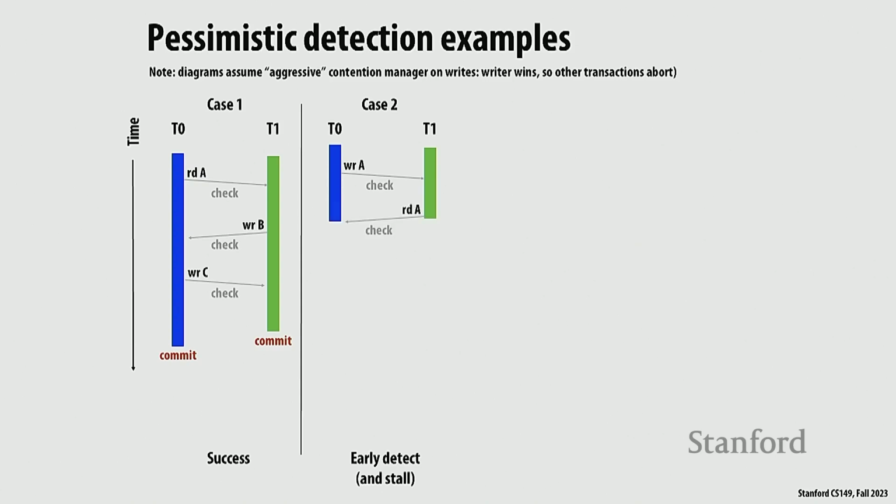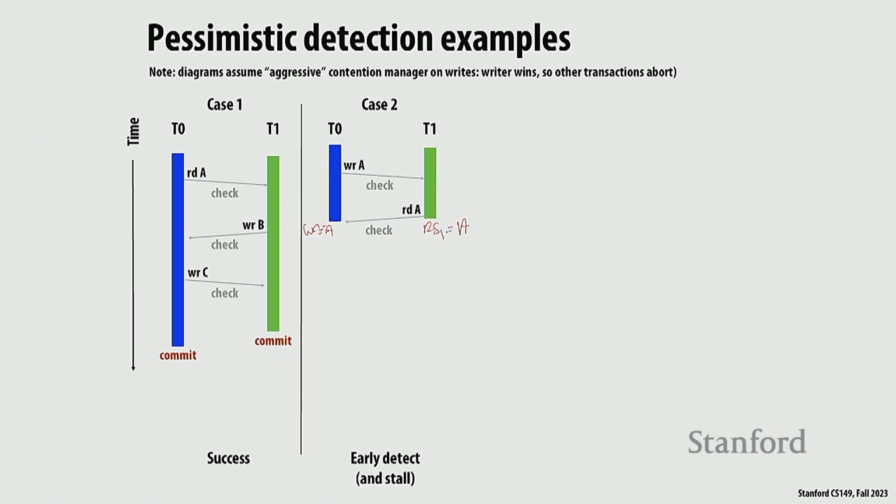And then I do have a read of A on transaction 1, right? And so in this case, the write set of 0 is A, and the read set of 1 is also A. So this is a conflict, right?